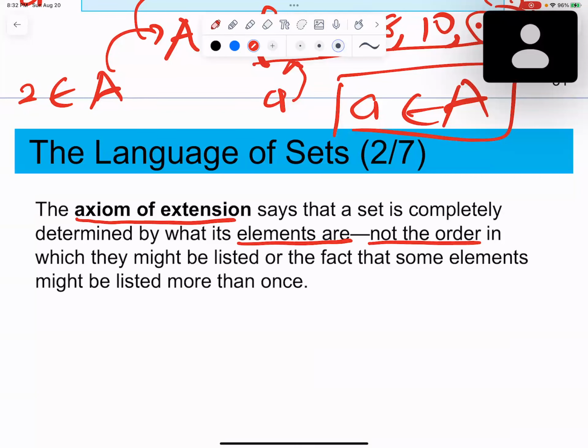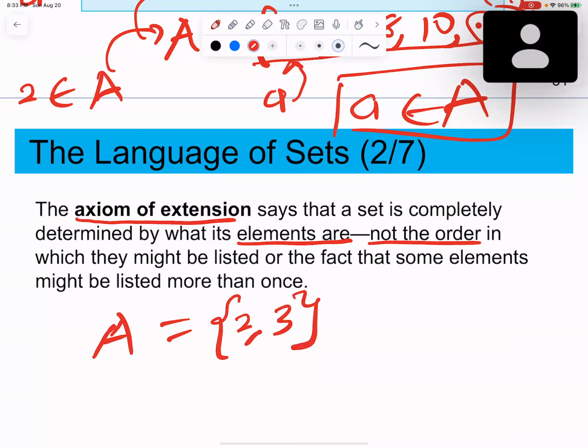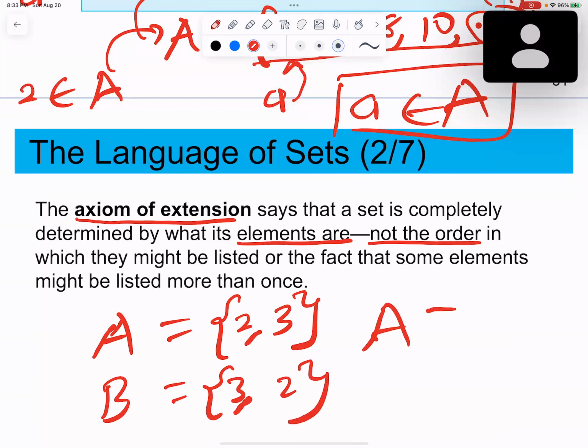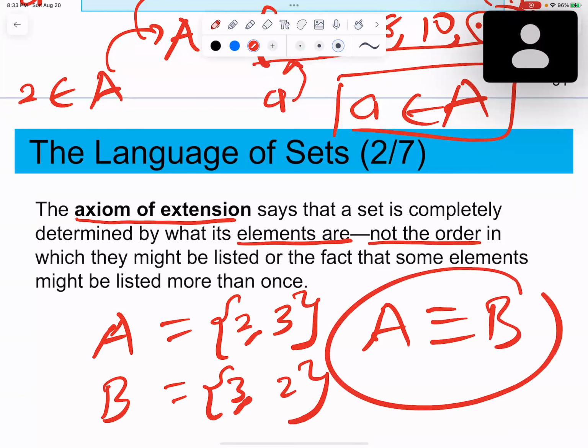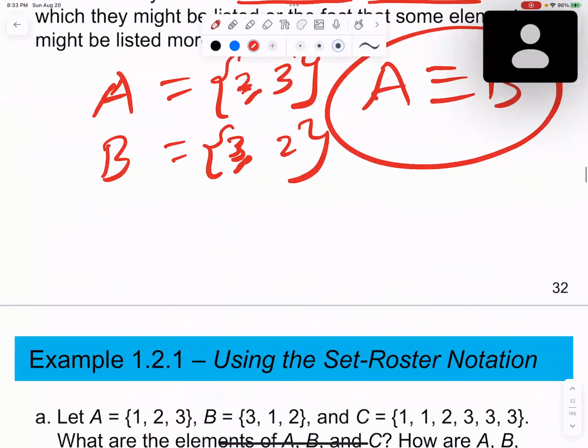So if you write A to contain 2 and 3, and B to contain 3 and 2, then A is the same thing as B. It doesn't matter the order. 2 comes first here, followed by 3, and 3 comes first here, followed by 2. So it's still the same thing. A and B are the same. Okay.